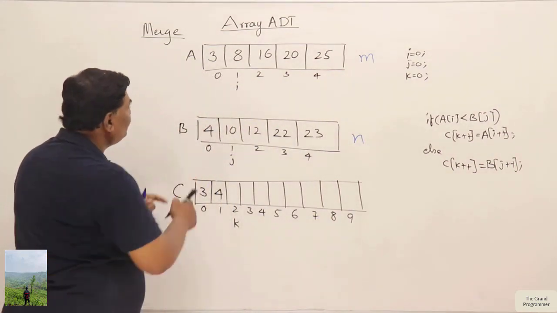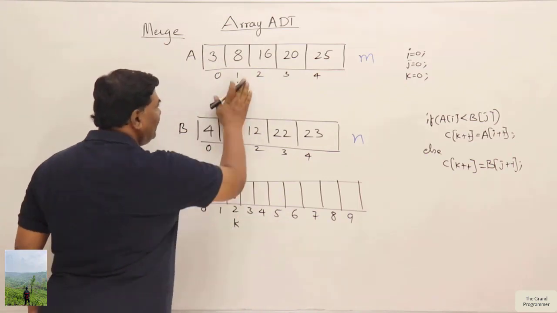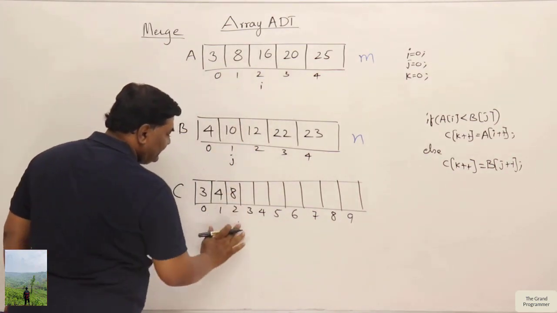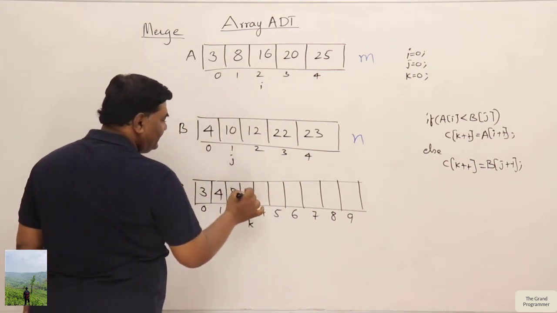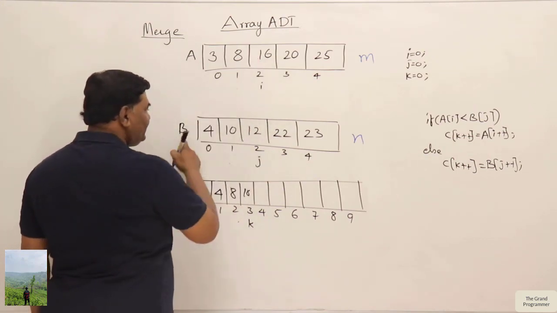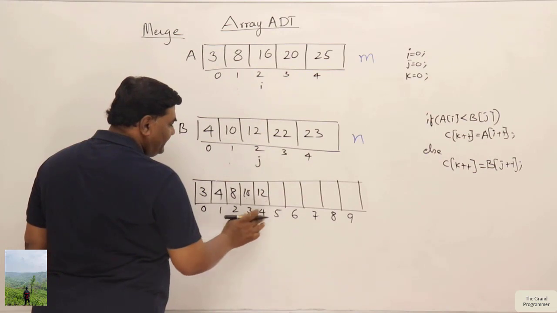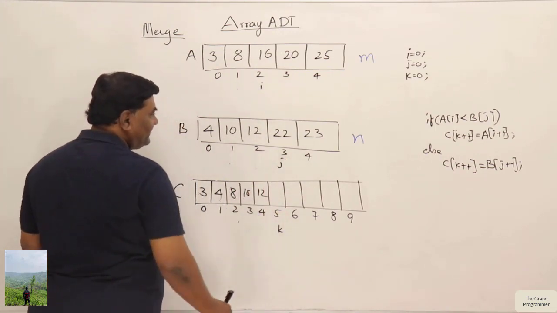So let us continue. A of i is 8, B of j is 10, so 8 is copied here, i is moved further and k is moved further. A of i is 16, B of j is 10, so 10 is copied, then j is moved further. A of i is 16, B of j is 12, so 12 is copied and j and k are moved further.